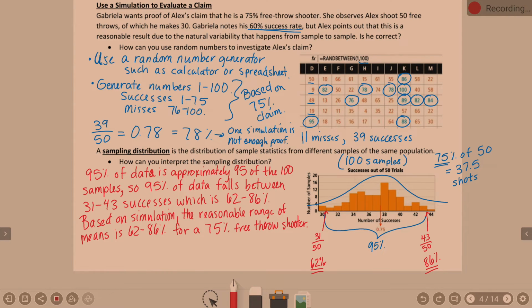And then all of that to say, Alex is likely not a 75% free throw shooter. And if you want to tack on there, he's likely not a 75% free throw shooter since he shot 60%.